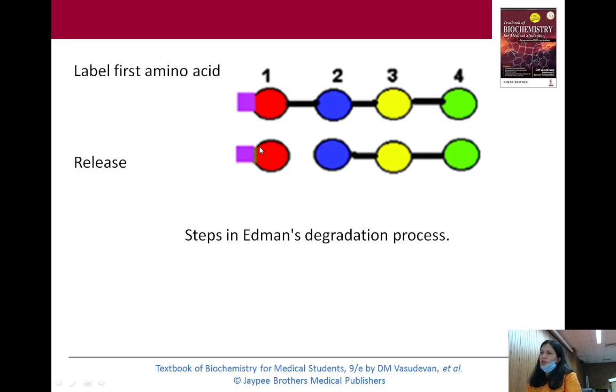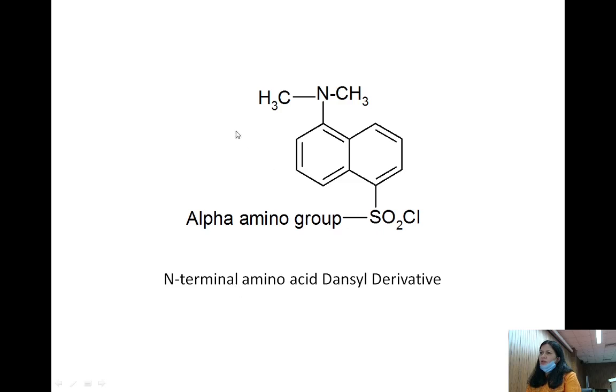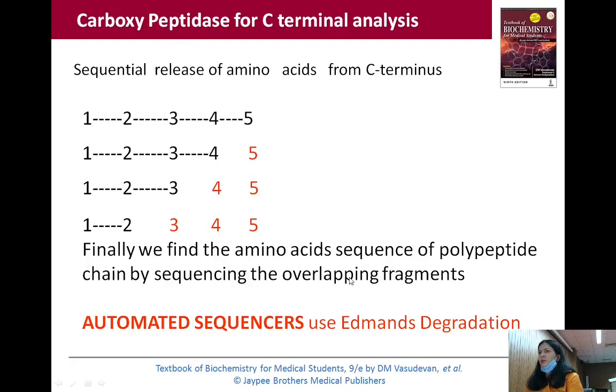It will form the phenyl thiohydantoin derivative, hydrolyze the peptide bond and identify. Then you will label the second amino acid and the step is carried on like that. The third way to identify the N-terminal amino acid is by adding the reagent dansyl chloride. Then we can identify the sequence of the amino acids from the C-terminal end by using carboxypeptidases.